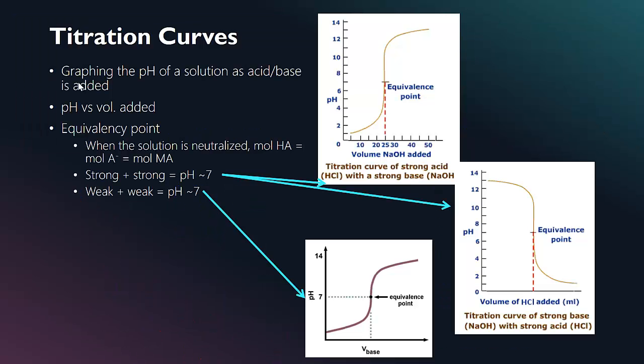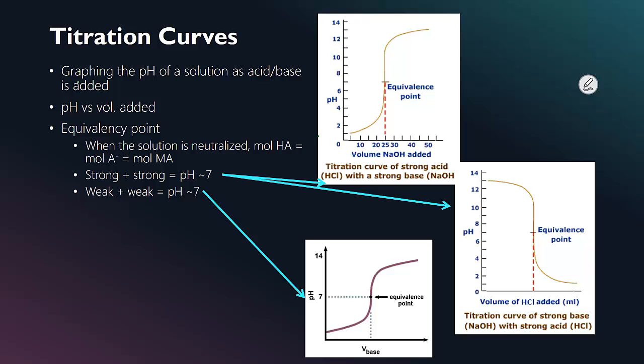Now, as we add our acid to our base, or we add a base to our acid, the pH, the amount of hydrogen present, will change. We can show this on a titration curve, where as we add our titrant to solution, the pH will shift.